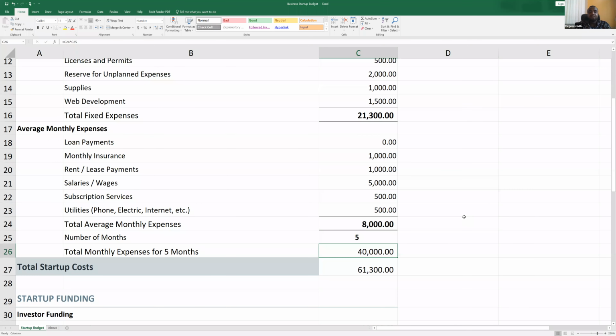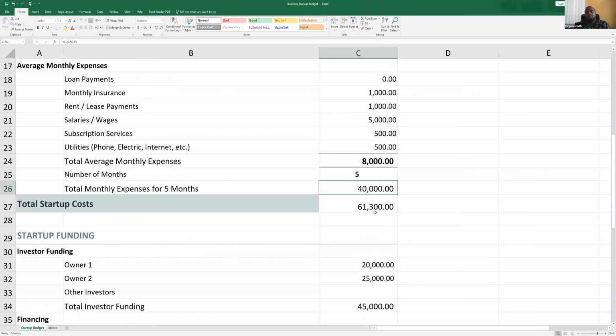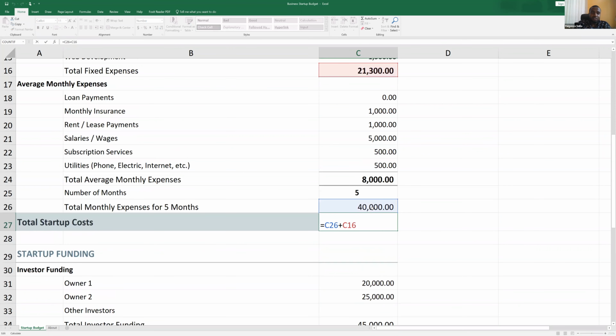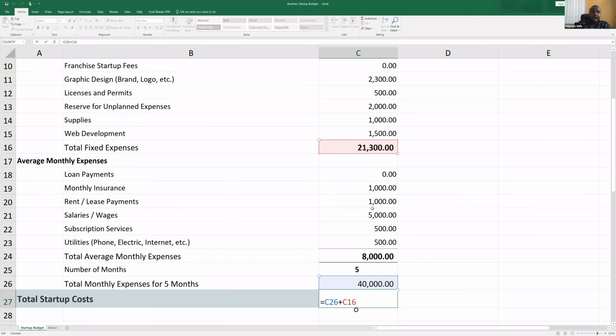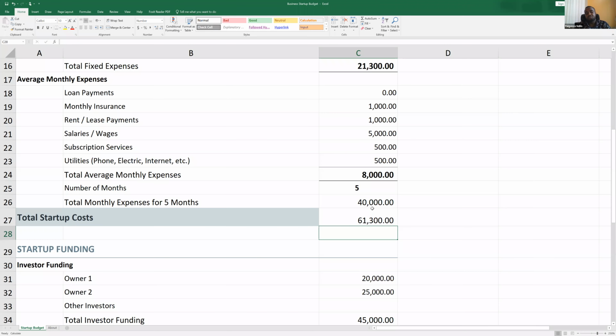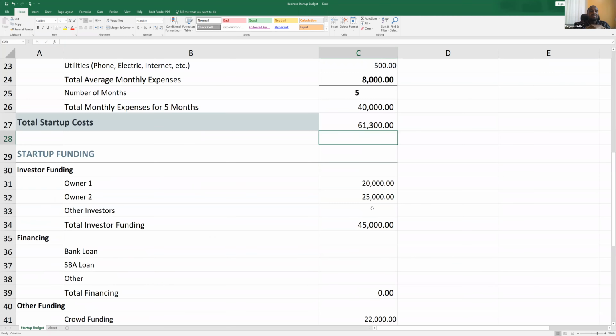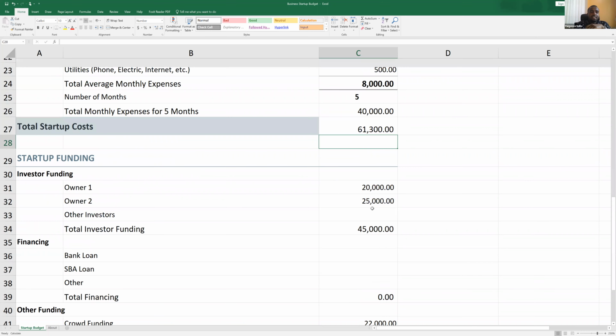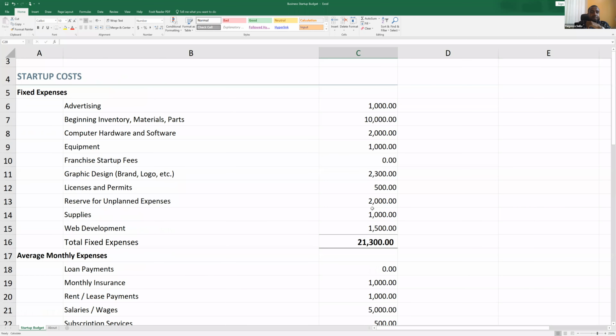So now we have the total startup cost, which generally is the average monthly expense and the fixed expense. So that will give you the total startup cost. Then after having your total startup cost, we are going to have a look at the startup funding for Desmond Jesse Limited.